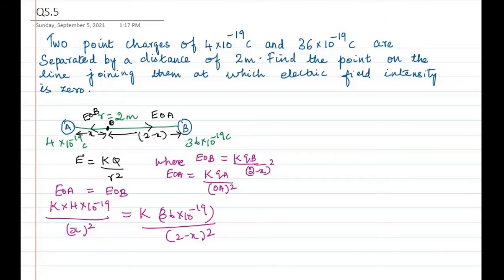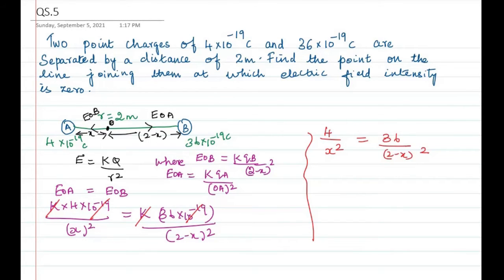Now cancel out the common terms: K and the powers of 10. The remaining is 4 by x square equal to 36 by 2 minus x the whole square.